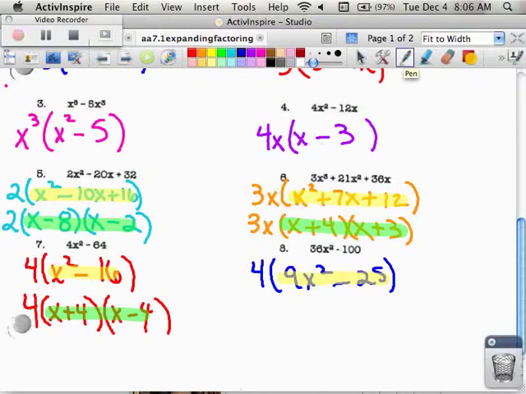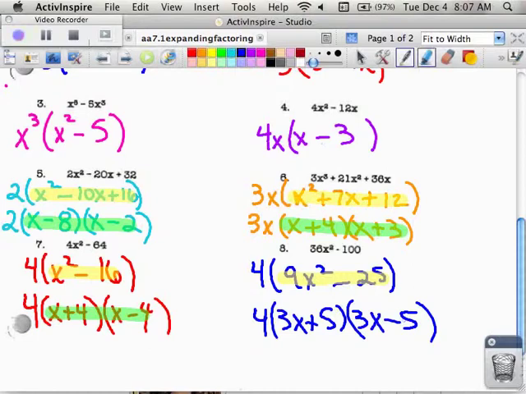Both 9x squared and the 25 are perfect squares, and there's a minus sign in between. That means that we have another difference of 2 squares situation. Square root of 9 is 3. The square root of x squared is x. And the square root of 25 is 5. So I will have 3x plus 5, 3x minus 5 as the finishing off of the factoring of the difference of two squares.